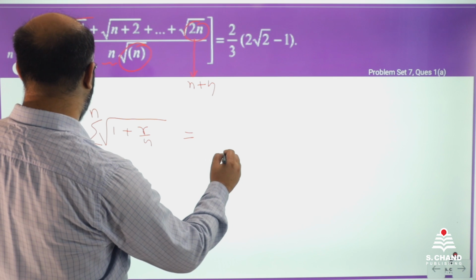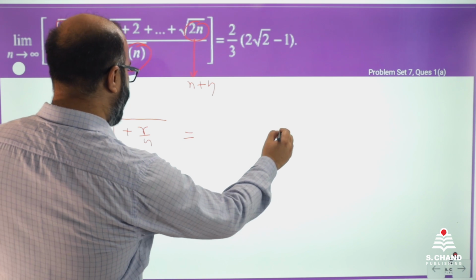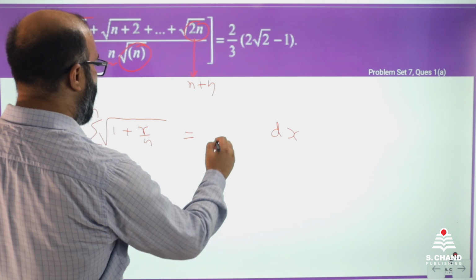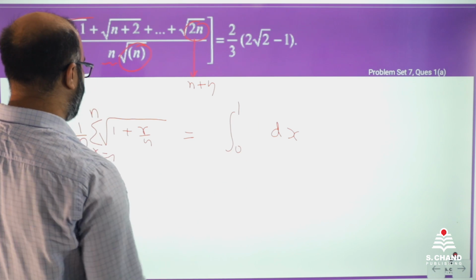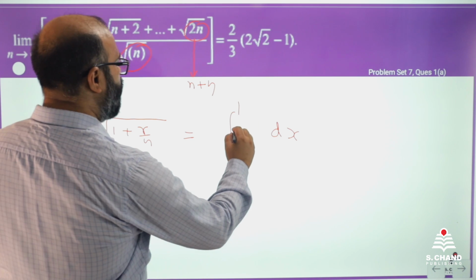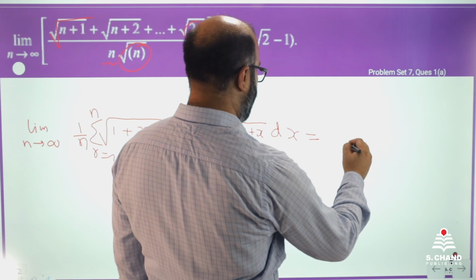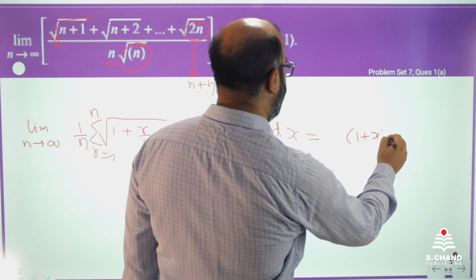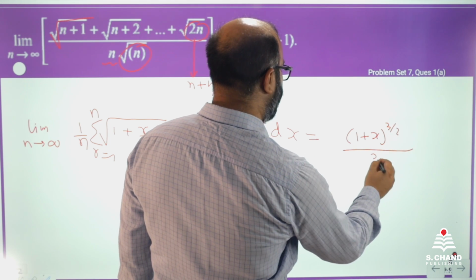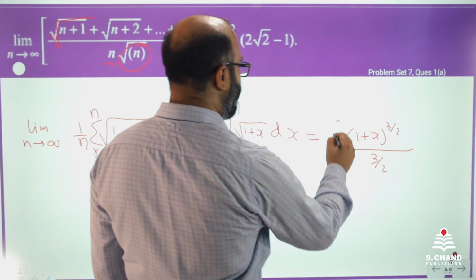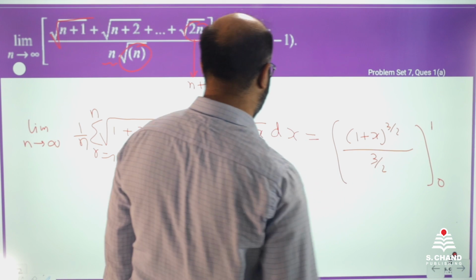So this will become equal to the integral of root over 1 plus x dx, with limits 0 to 1. This integration is quite simple here. This is 1 plus x to the power 3 by 2 by 3 by 2, and the limit is 0 to 1.